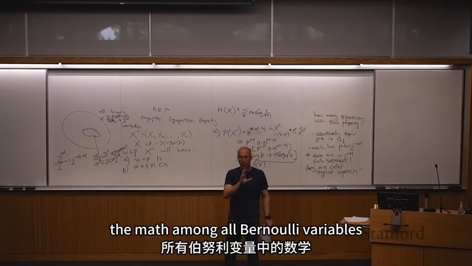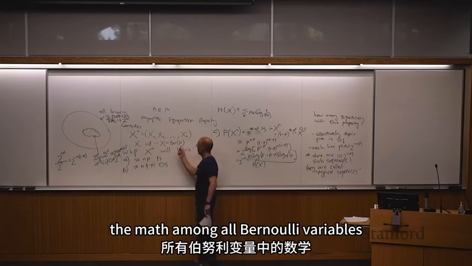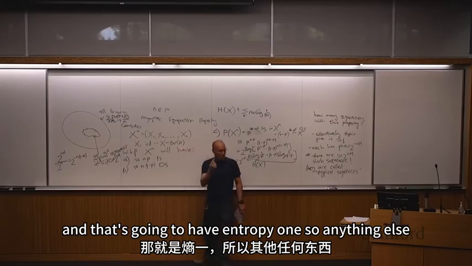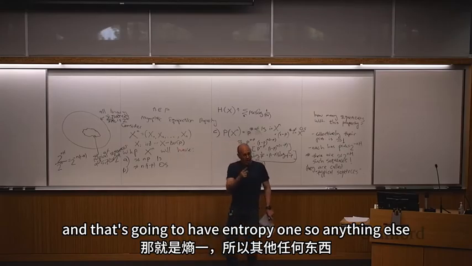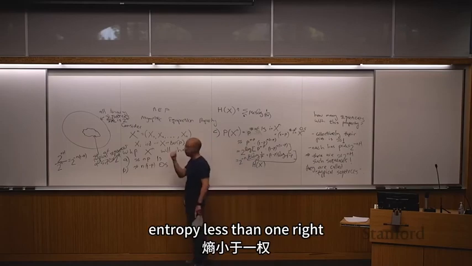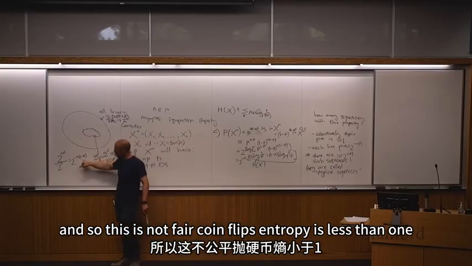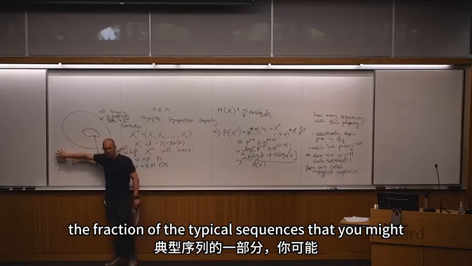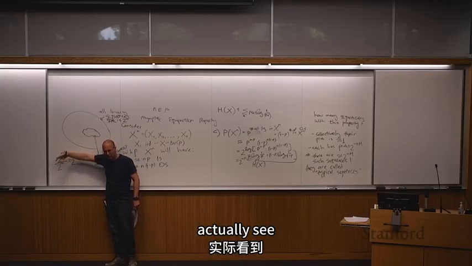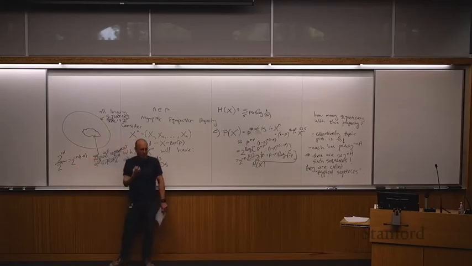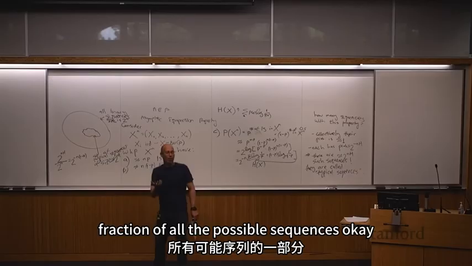Smaller. Among all Bernoulli variables, the one with the largest entropy is Bernoulli half, which has entropy 1. Anything biased will have entropy less than 1. And so if these are not fair coin flips, the fraction of typical sequences that you might actually see with any non-negligible probability is an exponentially small fraction of all the possible sequences.